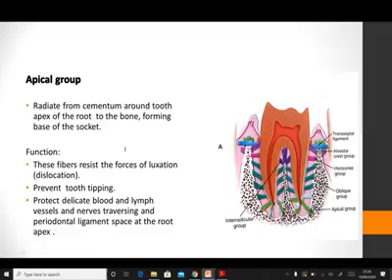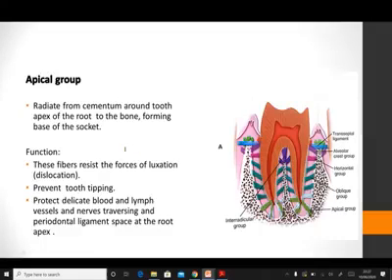This group of fiber system resists the forces of luxation. Now what is luxation? Any force that would make the tooth come out of the socket or dislocate the tooth from the socket would be a luxative force. So any sort of luxative force on the tooth is resisted by the apical group.